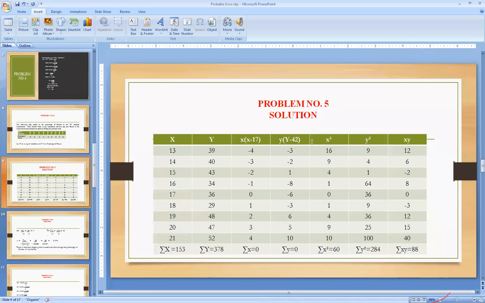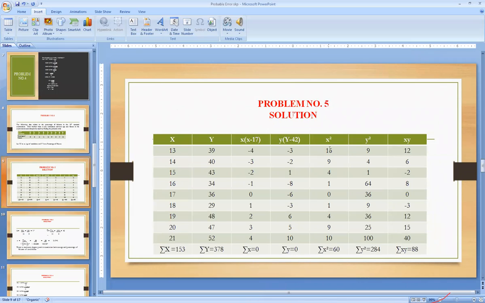The y mean is 42, so 39 minus 42 is minus 3, 40 minus 42 is minus 2, 43 minus 42 is plus 1, 34 minus 42 is minus 8, then we get minus 6, minus 3, 6, 5, 10. After deducting the y mean, the total value of sigma y is 0.